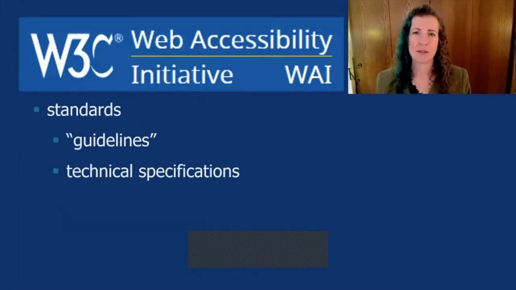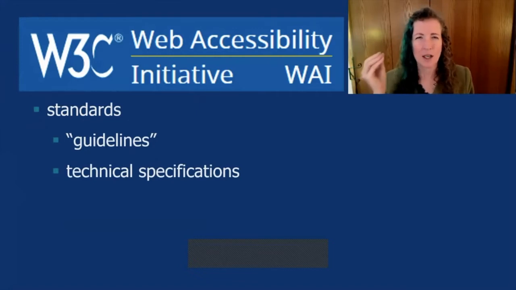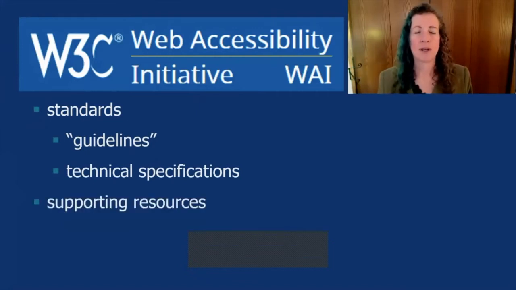At the W3C, we define different types of standards. I'm going to talk about the guidelines is one type, and then the technical specifications. It's like the underlying code. We also develop supporting resources, that is, things that help you to implement accessibility and to implement the standards.